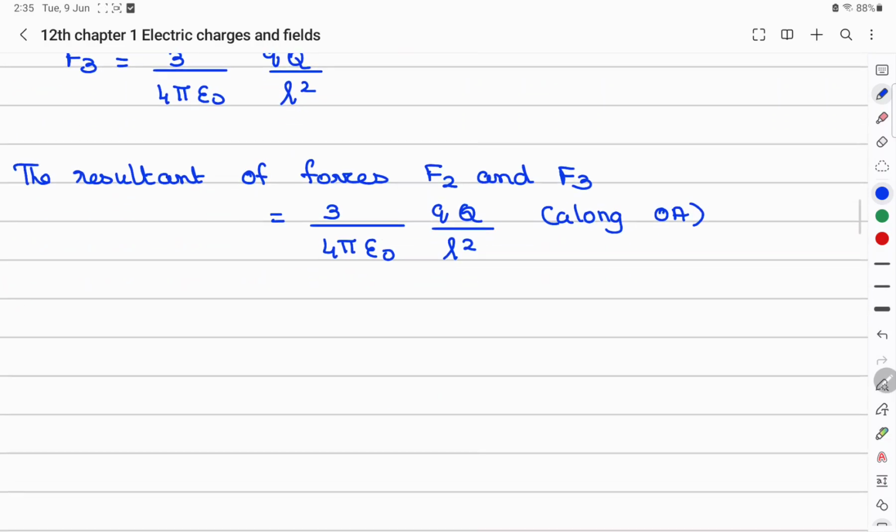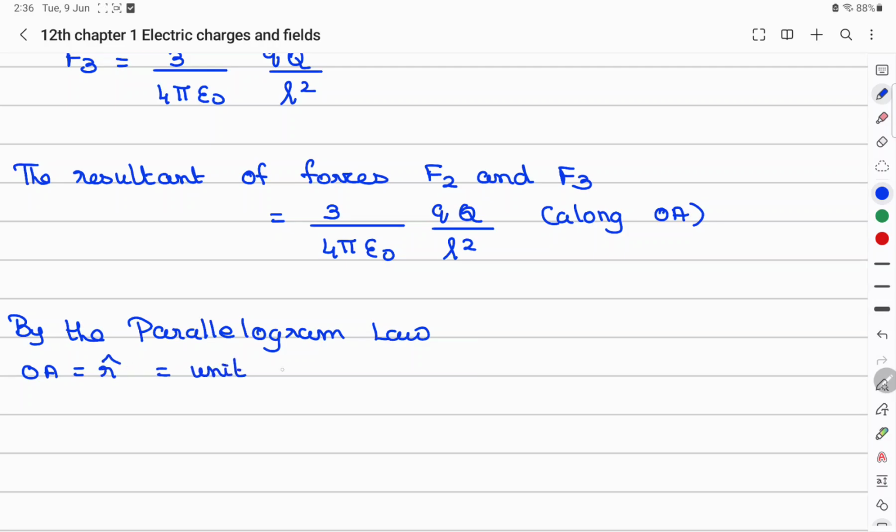So by the parallelogram law, OA is equal to R cap, that is the unit vector along OA.